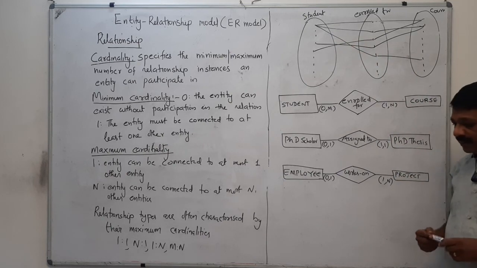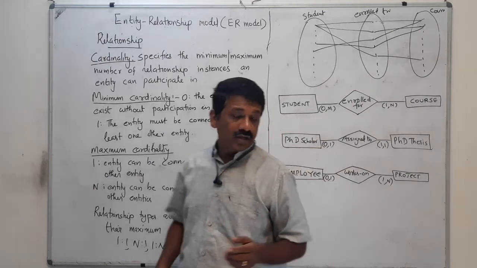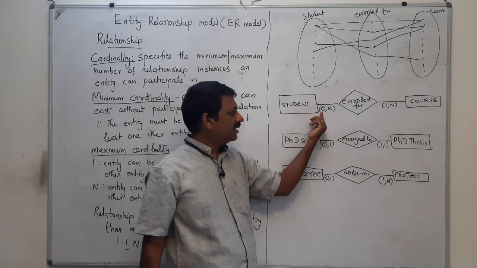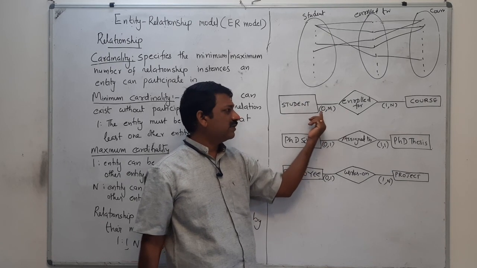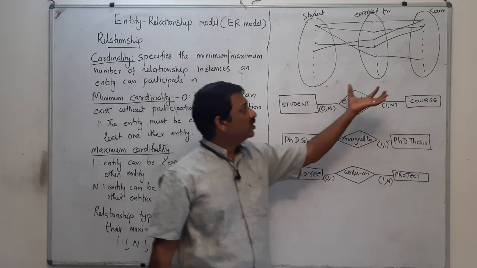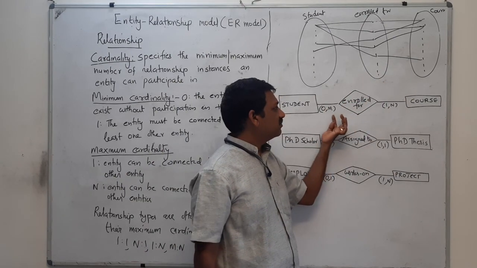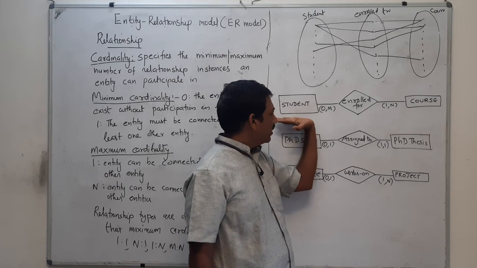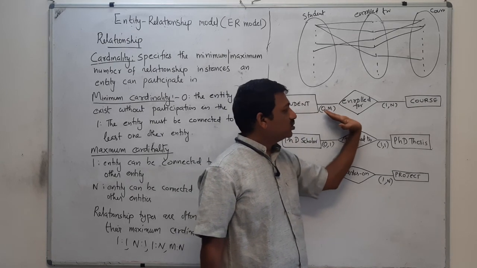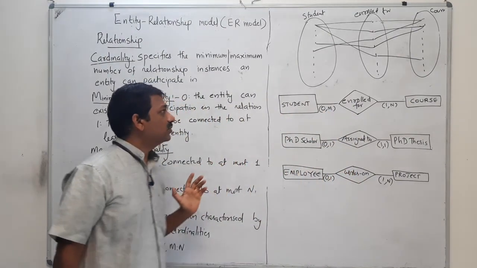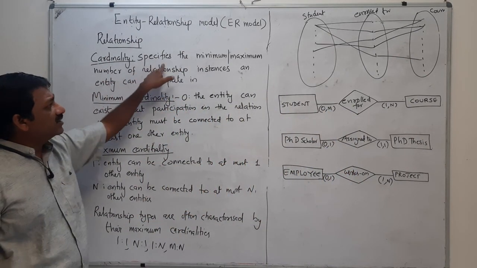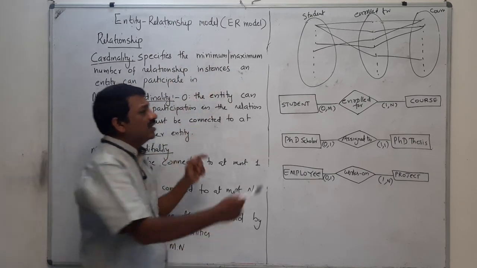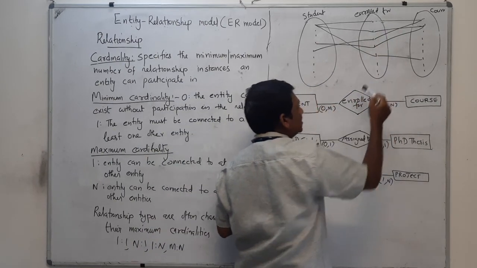In that way, cardinality means the minimum or maximum number of relationships a particular entity has to take part in. Cardinality specifies the minimum or maximum number of relationship instances. Here these are relationship instances.